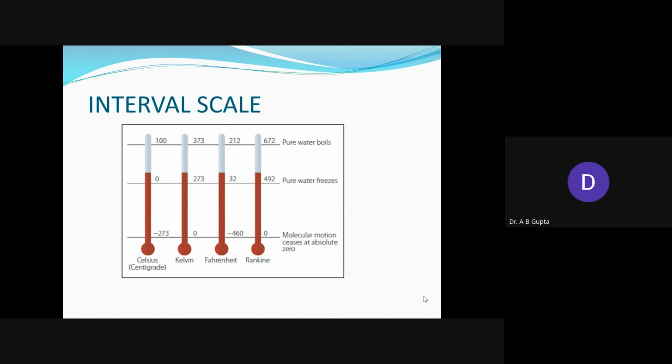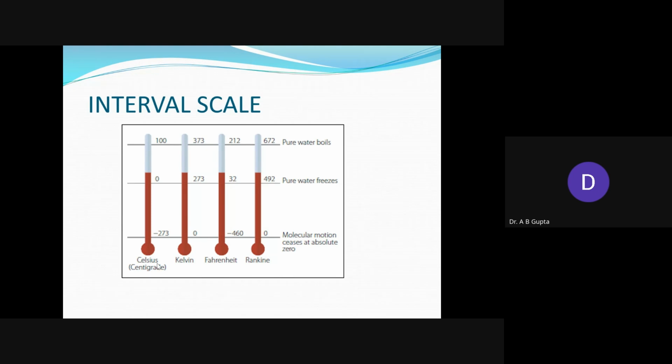So what is the meaning of this? Suppose I take the Celsius scale again. Now, this is very, very important. Please try to understand this. There is a temperature of 30 degrees Celsius, and there is a temperature of 10 degrees Celsius.